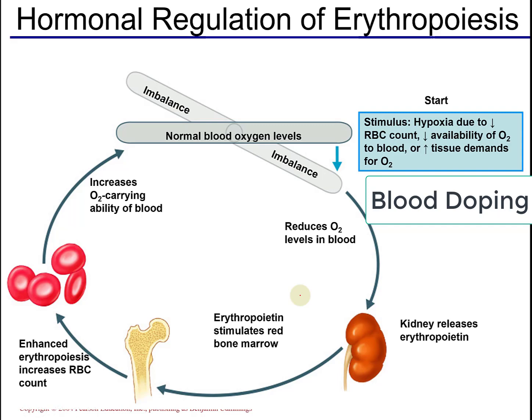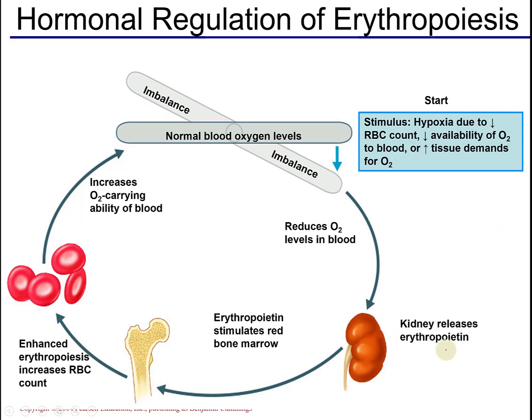Of course, this is illegal, and it's also dangerous because when you have more red blood cells, you increase the viscosity of blood, which means you could have a stroke. The other thing some people have done is they've just injected erythropoietin, which actually brings about the same result, but this is also illegal.